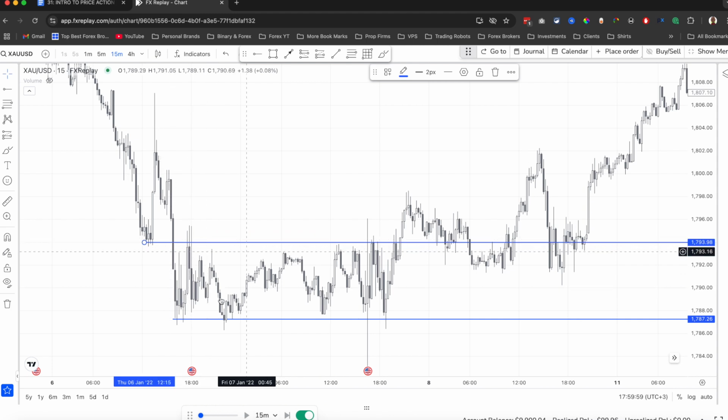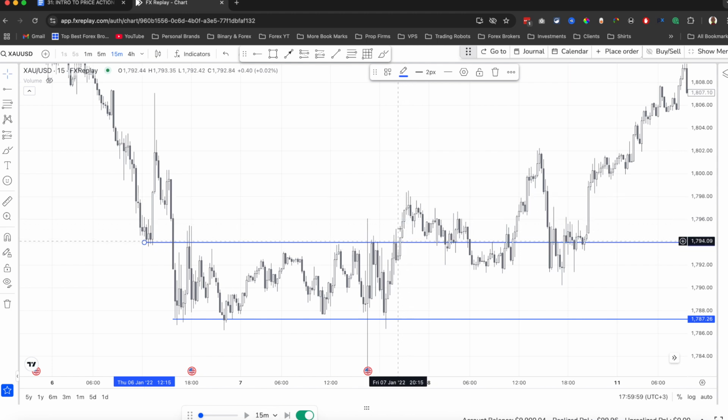Remember we said that the price goes sideways, up or down. So this price was going down, and then there was a little bit of sideways here, and when it broke, it shows us that there is a potential reversal from the downtrend to an uptrend because of this small breakout here.